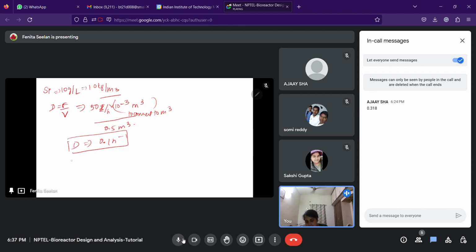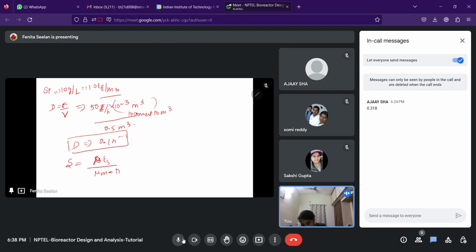What we have to find is the substrate and the cell concentration. The cell and the substrate concentration leaving the first reactor are going to be the same as those entering the second reactor. They both are the same terms, right? We can calculate the substrate concentration by using the formula which we always use: S is equal to D Ks divided by mu max minus D, in case of steady state.